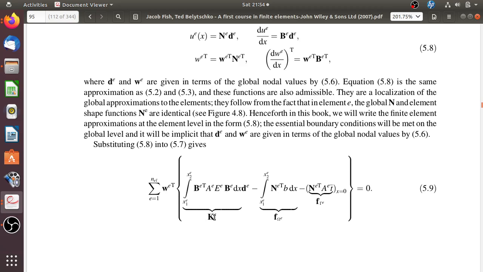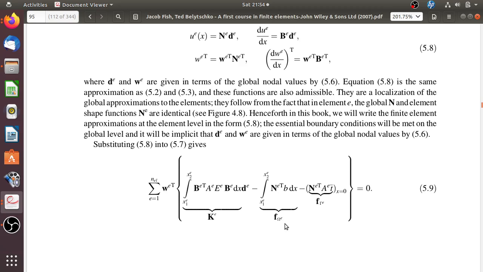So this Ke is a matrix and d is a column vector, and this is the degrees of freedom of that element, the element node values, and this is the element stiffness matrix, and this is a force vector which is due to the body force.